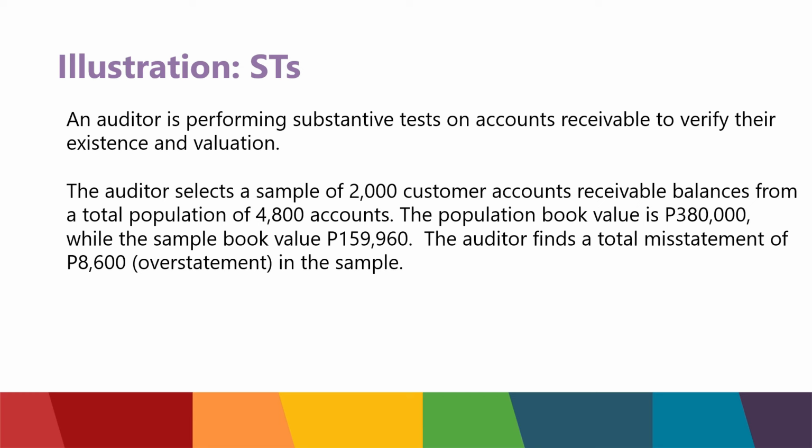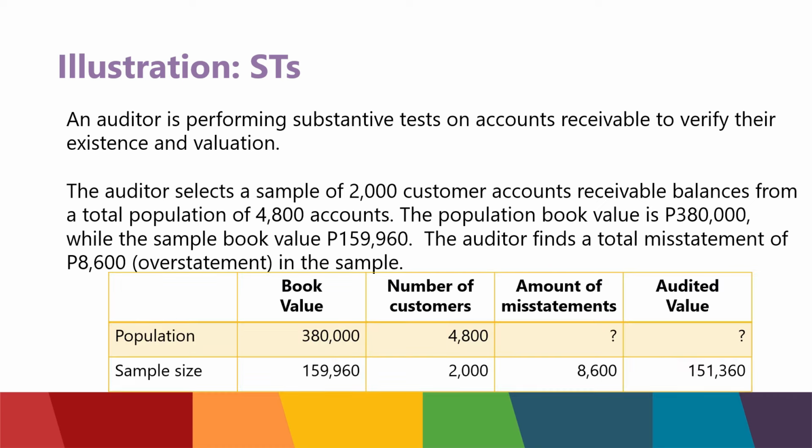Okay, so in order to simplify things for us, let's open up this table where we will plug in all of our given information. We know that the book value, of course in pesos, is 380,000 for the population. The sample book value is 159,960. The number of customers is 4,800 for the population, 2,000 for our sample size.